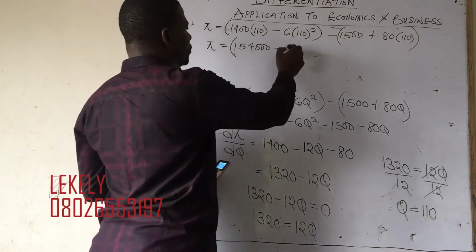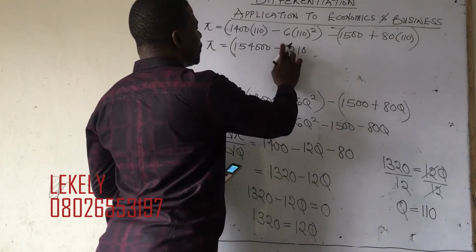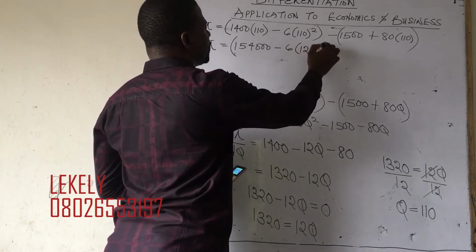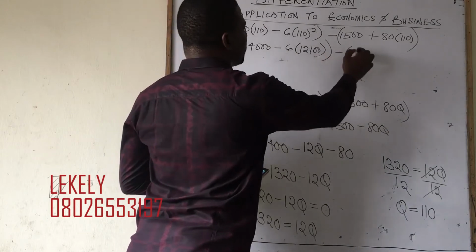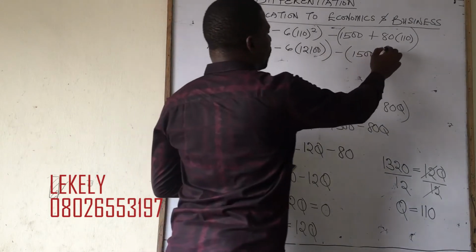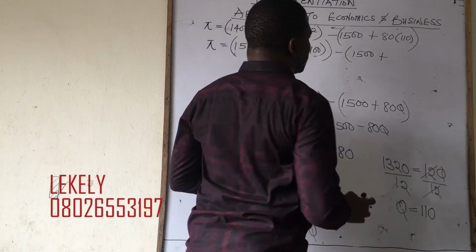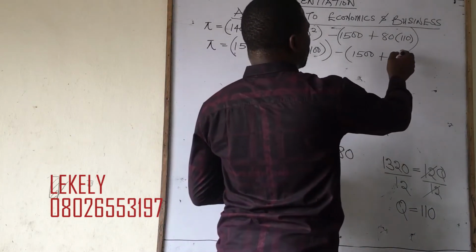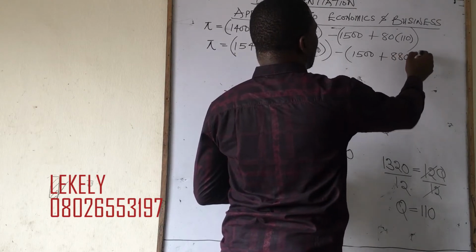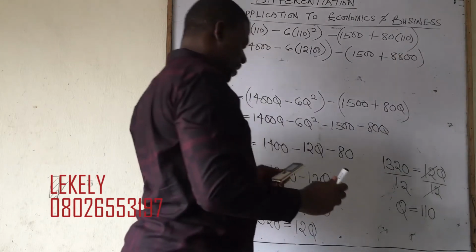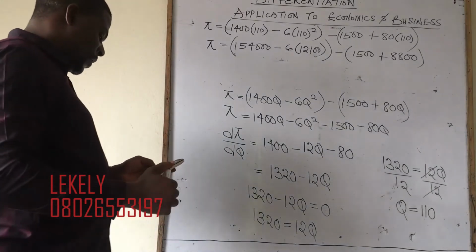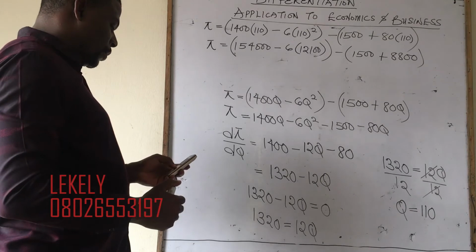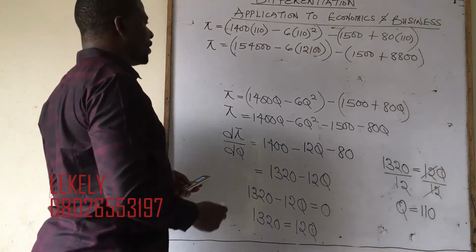That is 12,100. So I have 6 into bracket 12,100, then minus 1500, plus 80 times 110. 80 times 110 is 8,800.